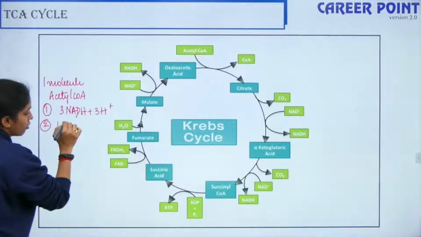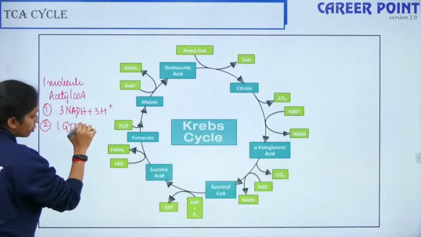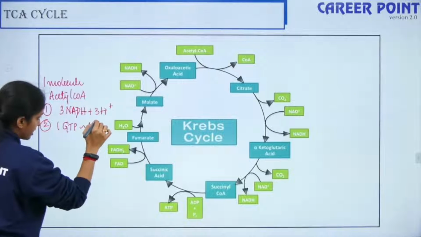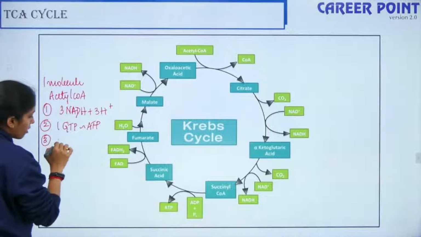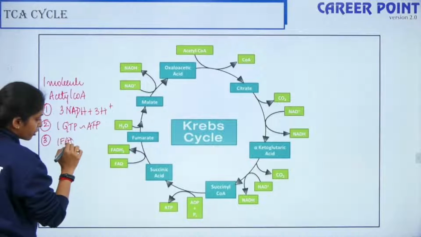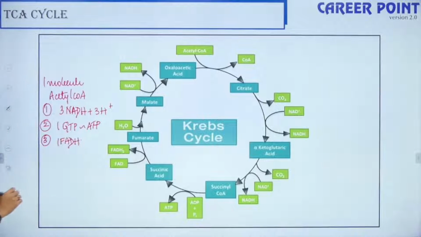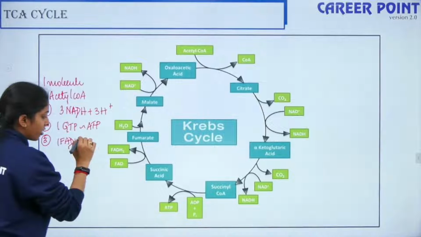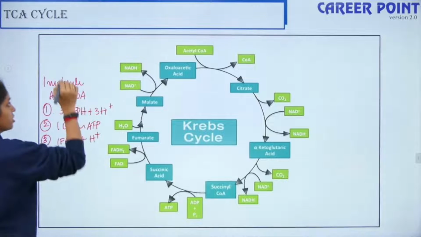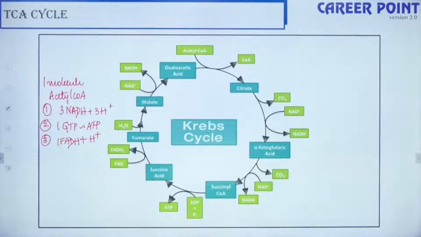You have 1 molecule of GTP, which is also equivalent to your ATP. And then you have 1 molecule of FADH, plus you can write H plus if you want. So this is for one molecule of acetyl-CoA.